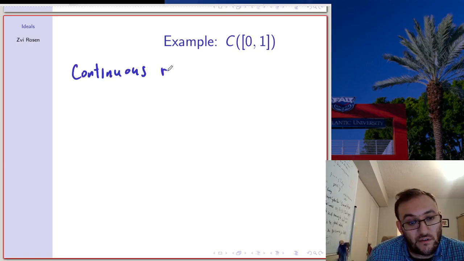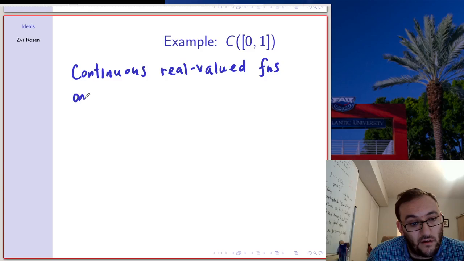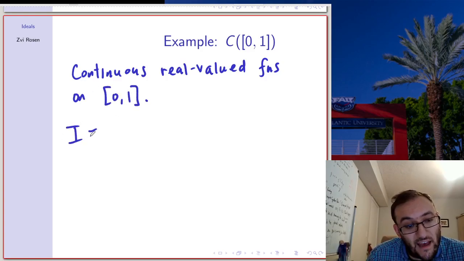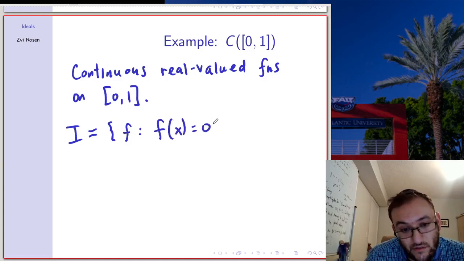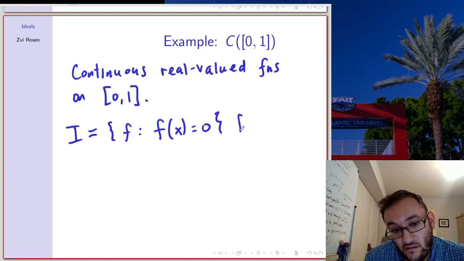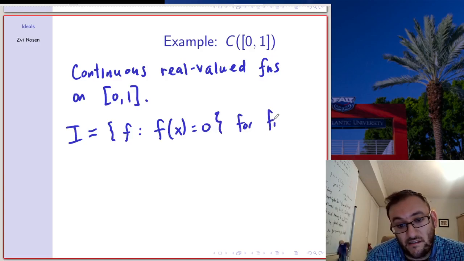Okay, finally we have the continuous real-valued functions on the interval 0, 1. You can show that I equals the set of functions f such that f of x equals 0 for some fixed x.